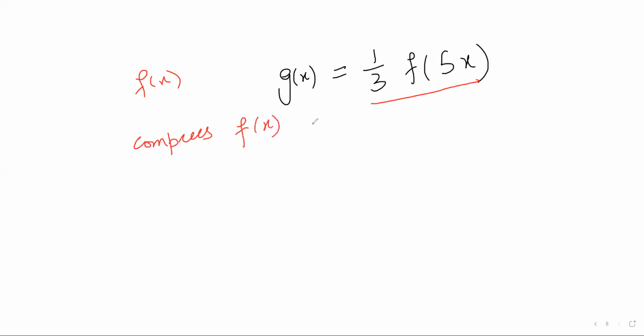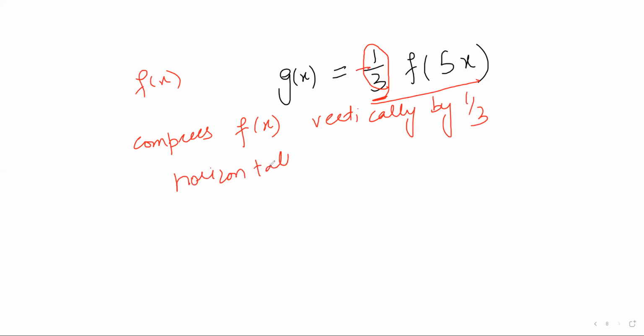We compress f of x vertically by 1 by 3. This factor is the vertical factor. And horizontally by 1 by 5.